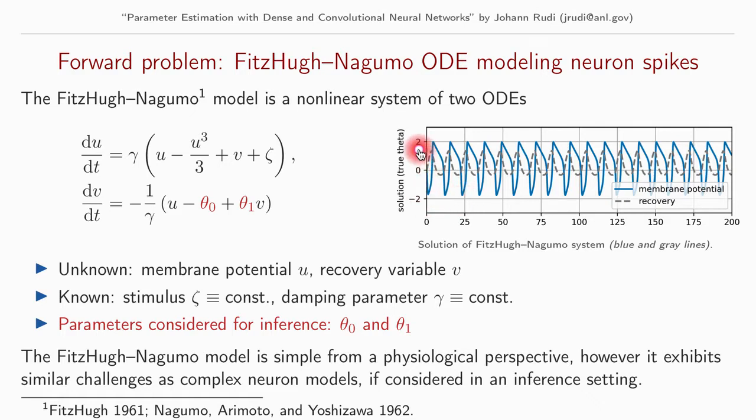That means given some membrane potential as observational data, we would like to find theta 0 and theta 1 in our inverse problem. So while the FitzHugh-Nagumo model is quite simple from a physiological perspective, it exhibits many of the challenges of complex neuron models like the Hodgkin and Huxley model if we consider it in an inference setting.